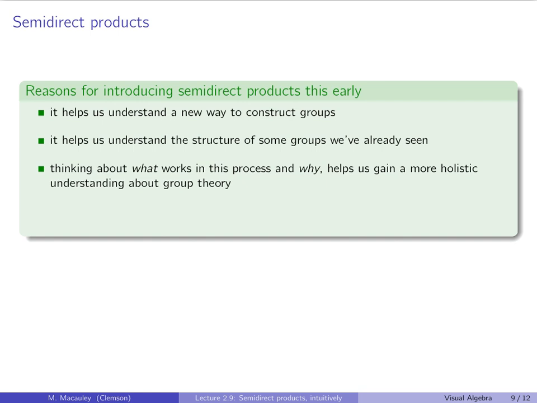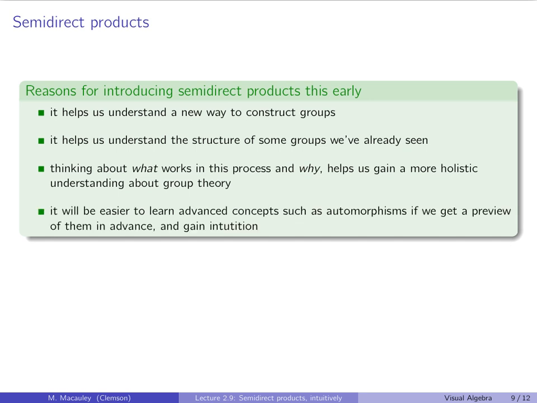Thinking about what works in this process and why helps us gain a more holistic understanding about group theory. I think that exercise about sticking in phi rewirings into B, forcing phi squared rewirings into B squared, is going to pay dividends later on. That's really the intuition of a homomorphism.